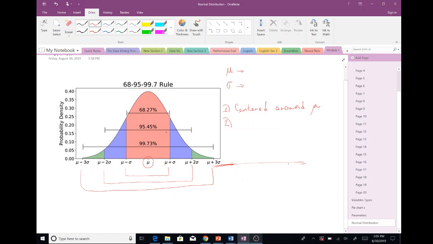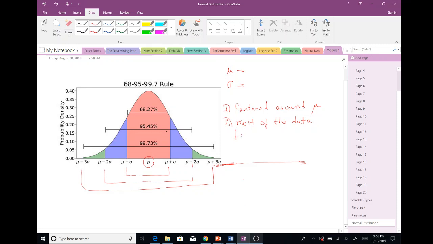In fact, there is some probability, even if infinitesimal, anywhere on the number line. But most of the data falls within three standard deviations. Okay, so that's another characteristic that is important to mention for a normal distribution.